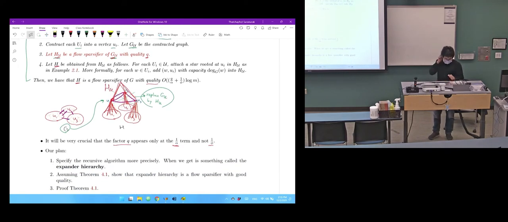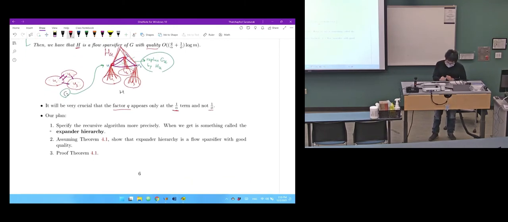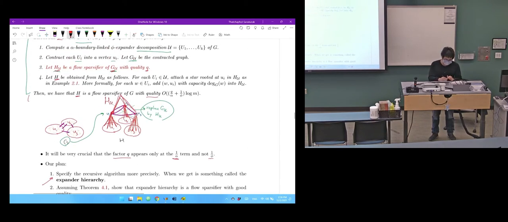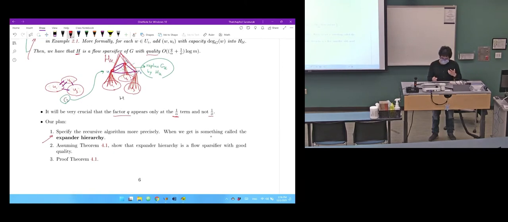So what I'm going to do next is specify a recursive algorithm more precisely, showing how exactly I'm going to use this theorem. And now you're going to see what we call the expander hierarchy, which is one of the strongest objects based on expanders for this whole class.